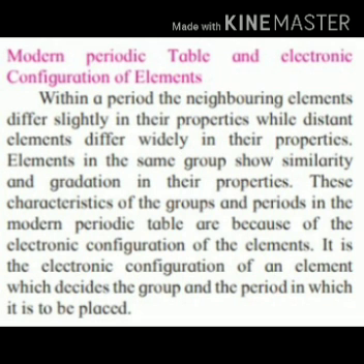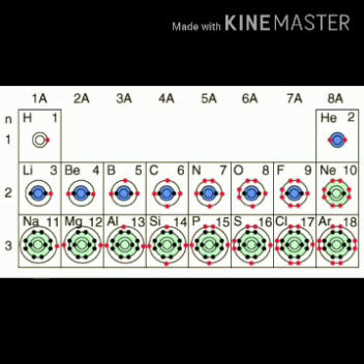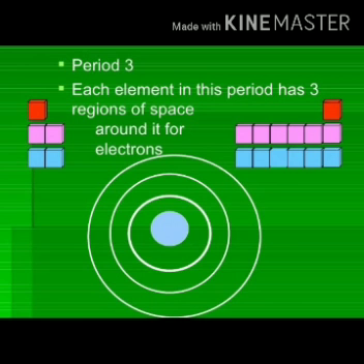Now let us learn about the modern periodic table and its electronic configuration. If you see the modern periodic table, within the period, the nearest elements differ slightly and the farthest elements differ widely. For example, let us see the third period.